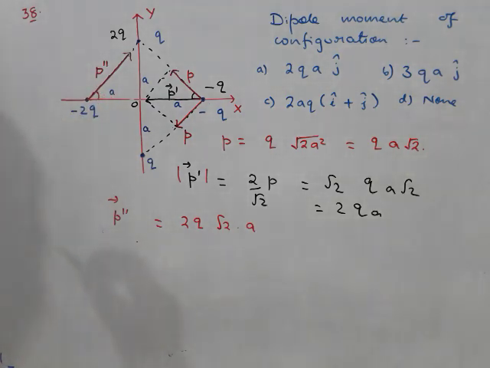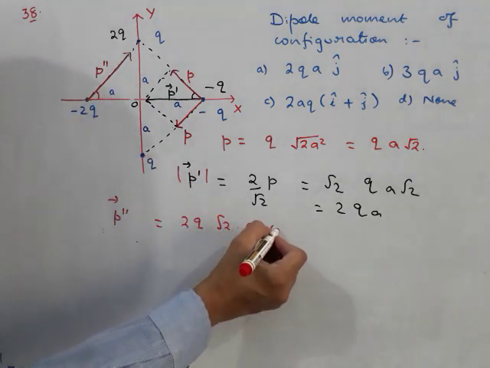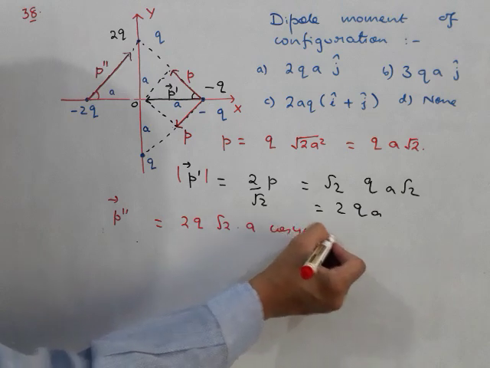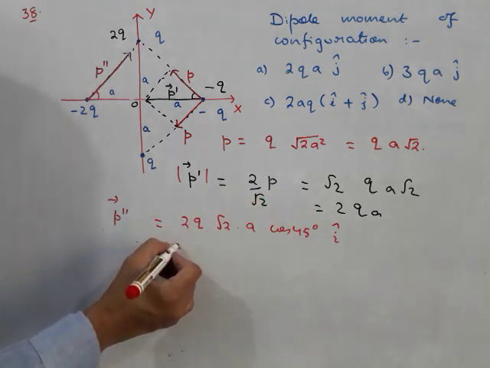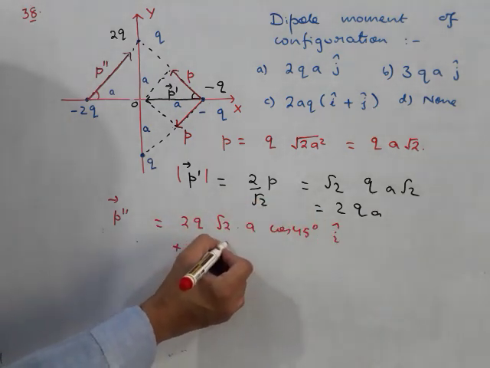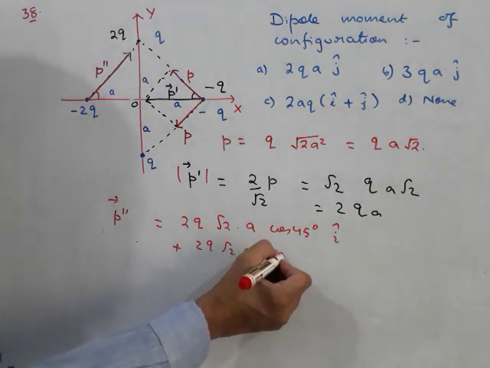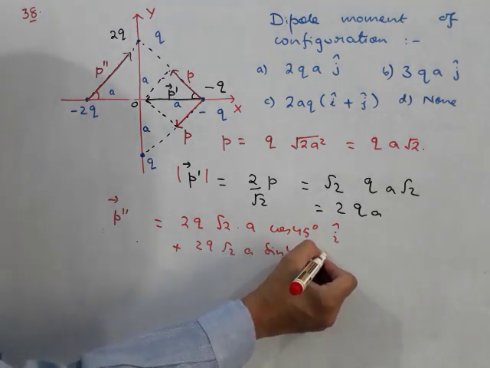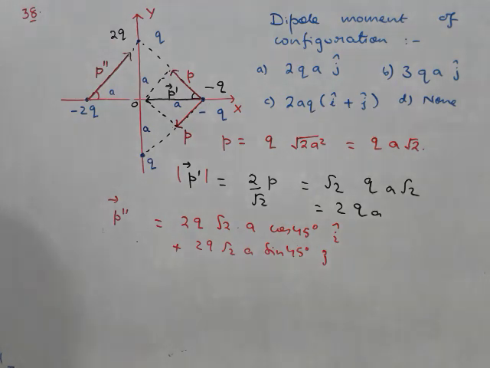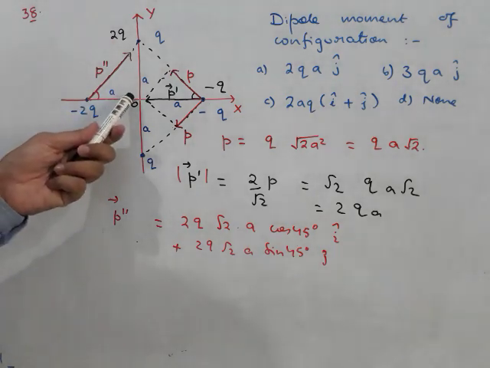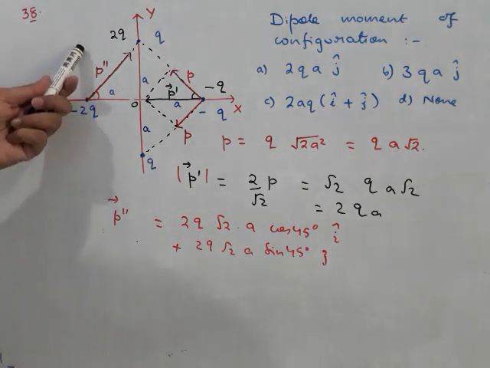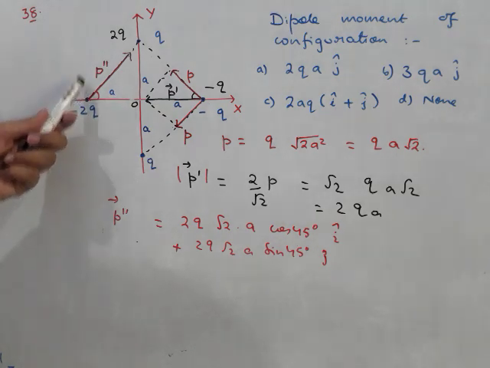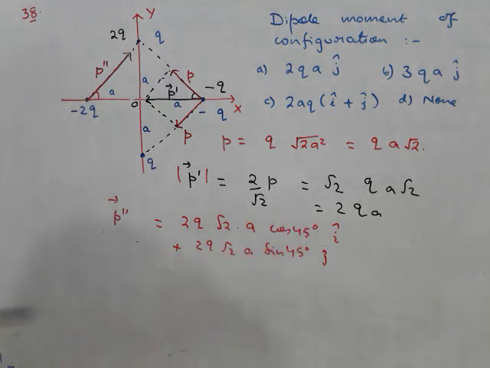Now this angle is 45 degree. So this much cos 45, this much i cap, and same value 2q root 2a sin 45 j cap. See, its value was P double dash. So this will be P double dash cos 45, this will be P double dash sin 45. So this much i cap, this much j cap, that is what I have written.